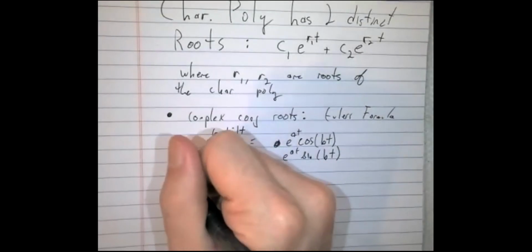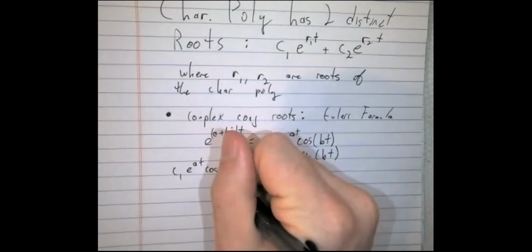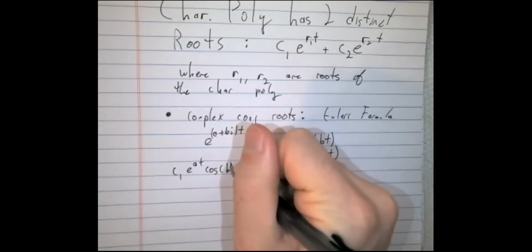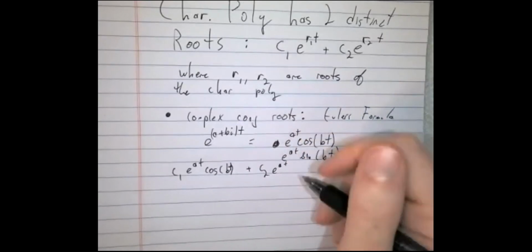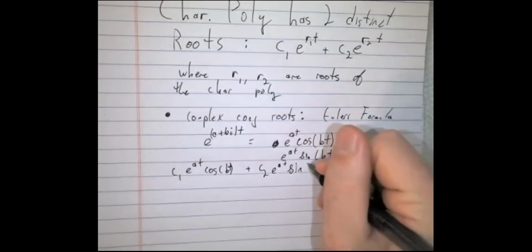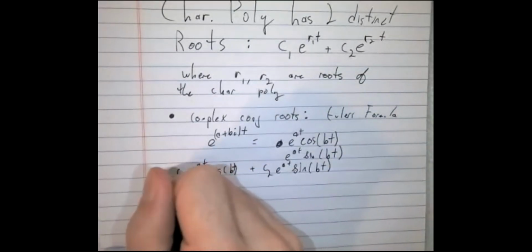So our general solution looks like c1 e to the at cosine of bt plus c2 e to the at sine of bt.